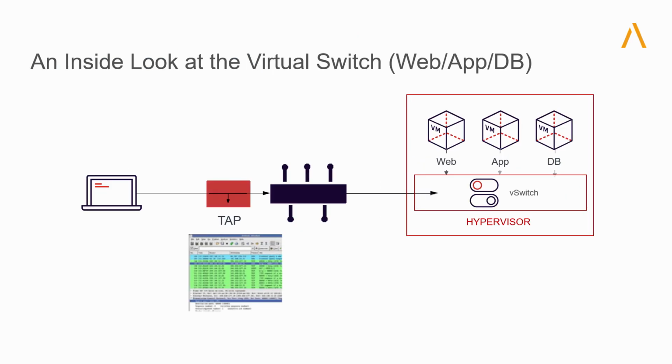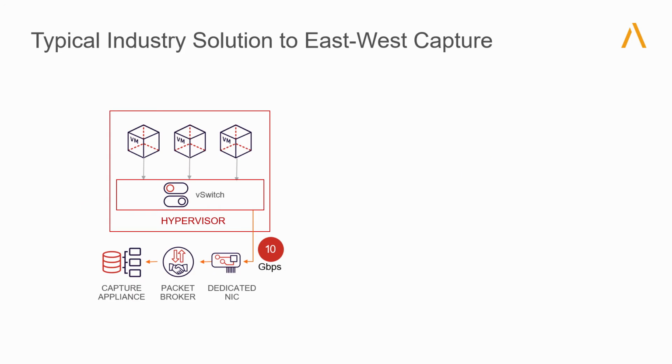So what we really need to do is look into that system itself, into that hypervisor, and tap into that virtual switch, right? So we can actually get that traffic and monitor that traffic, and there are a couple of different aspects of how that occurs in the world of networking today.